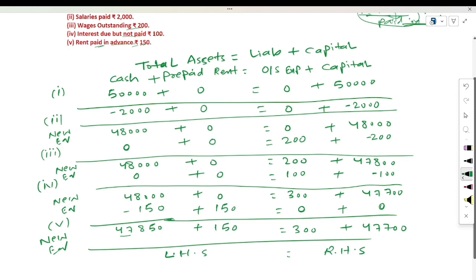See here, 47,850 plus 150 means 48,000. Here 47,700 plus 300 means 48,000. Both sides balance: 48,000 is equal to 48,000. It means your solution is correct.